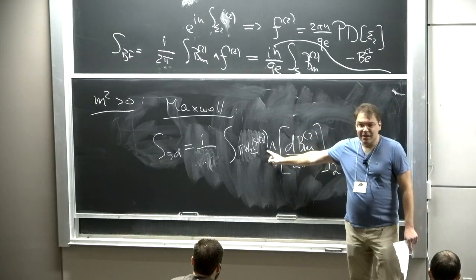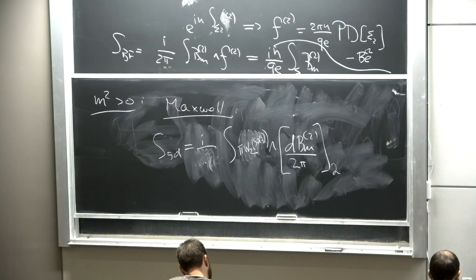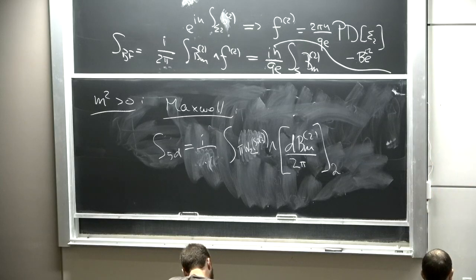But what this tells you is that anything you do to this model, any potential you add, any other fields you add, as long as they respect the SO3 symmetry and the twisted condition, the statement that projective representations of SO3 have odd charges and non-projective ones have even charges, this anomaly will always be non-trivial. You'll never be able to gap the model. All right, any questions about this?